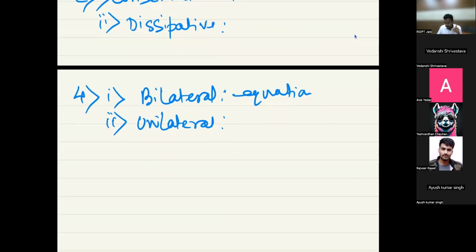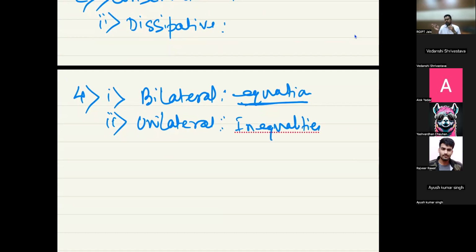In case of bilateral, it does not matter, it can include velocity, angle, anything. But unilateral constraints are inequalities. Bilateral basically means it allows motion in both directions, but unilateral means it restricts the movement along certain directions.